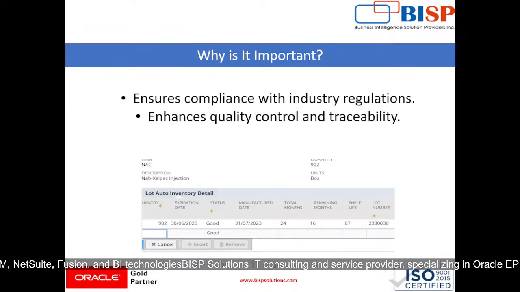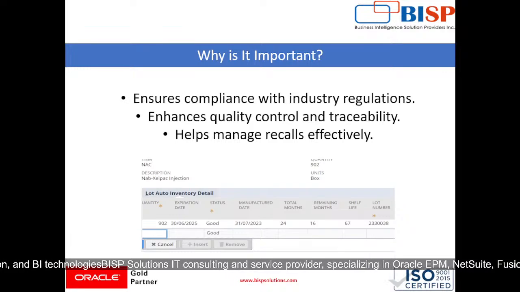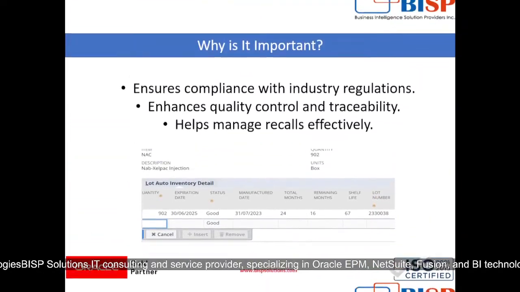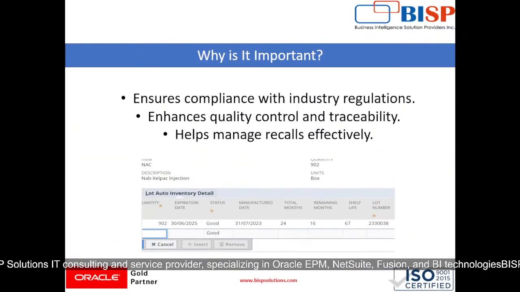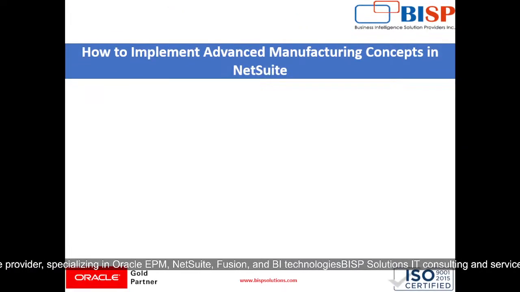It enhances quality control and traceability, and it helps manage recalls effectively. So for example, a batch of mobile phone batteries can be tracked using lot numbers to ensure quality and manage potential recalls.